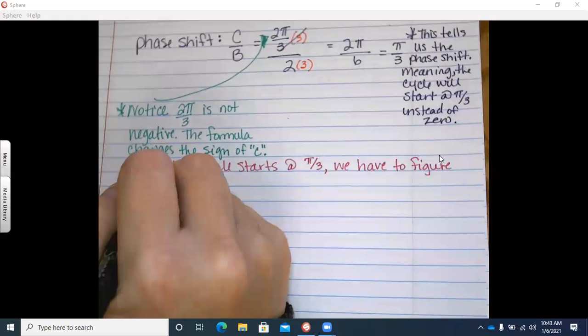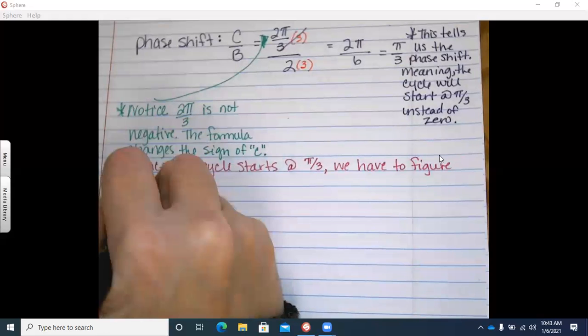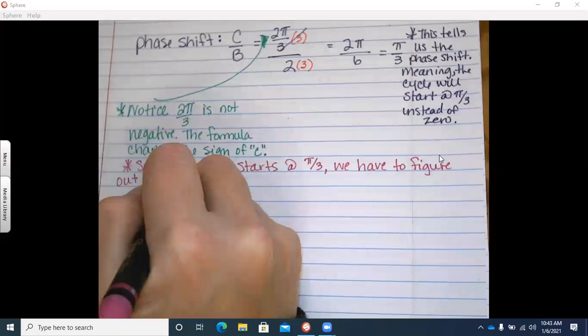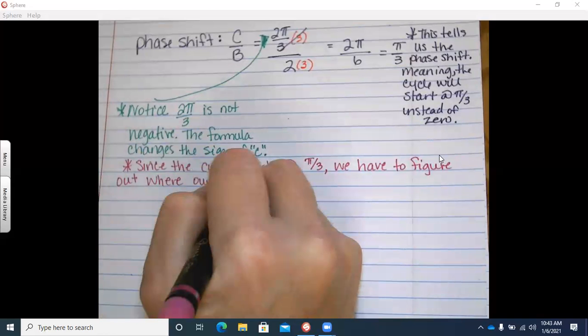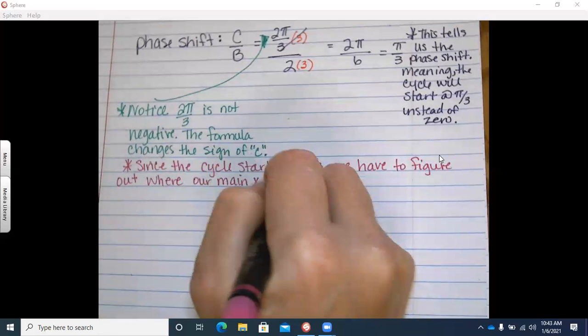You know how we divide it into fourths? We divide our cycle into fourths. I want to know what each one of those little 1/4 ticks are.